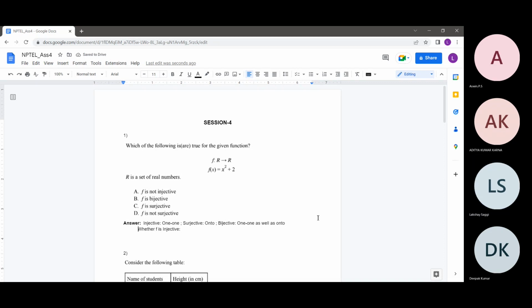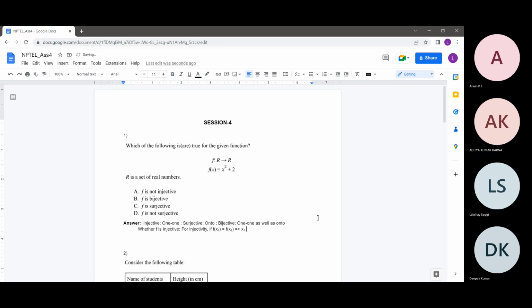For injectivity, we need to show that if f of x1 is f of x2, then this implies x1 equals x2. I'm just writing out the definitions for injective and surjective, so you guys know what we need to show.